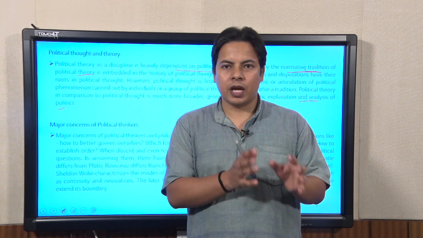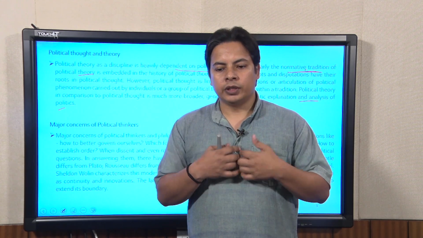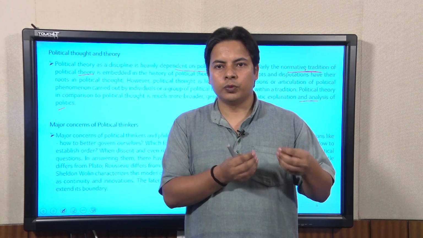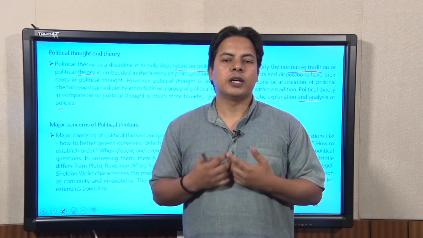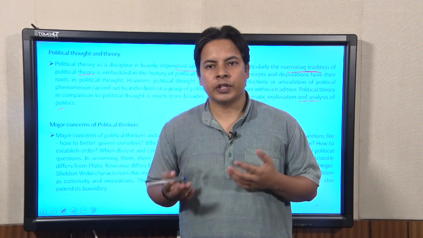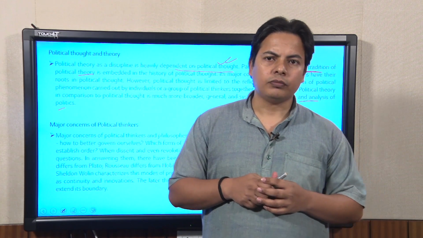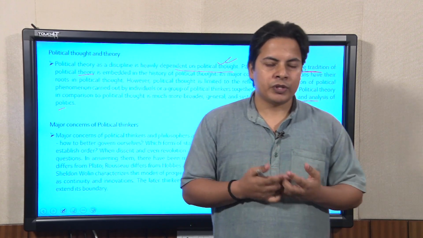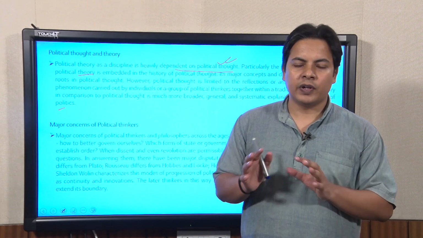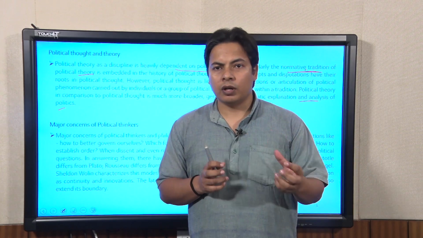So, in that sense it is narrower, limited to the reflection or theorization of a few individuals, whereas theory is much broader, generalized and systematic in terms of explaining and interpreting political problems in any society. So, that is the differentiation between political theory and thought.